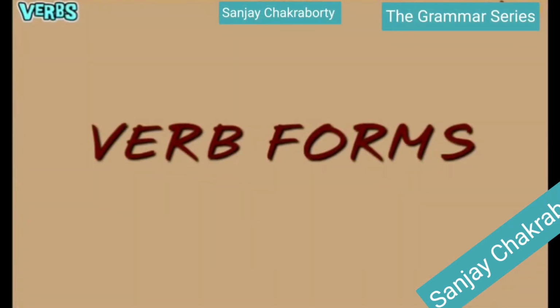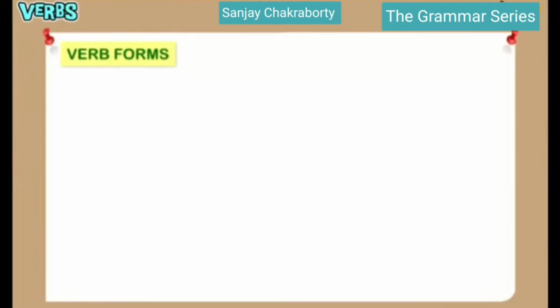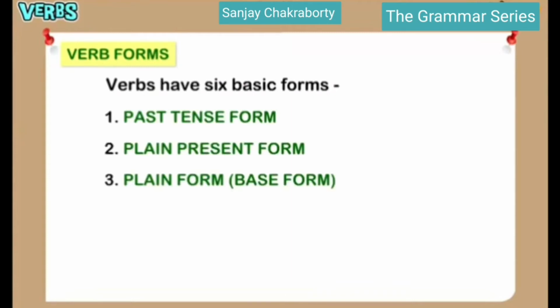The topic we have decided to take up for today's video, as you can clearly see, is verb. Verb and its forms. Well, verb has 6 basic forms. You must have heard at school about 3: present, past and past participle. Well, we are going to dissect verb from a different point of view here. You have heard about past tense, present form, plain form.